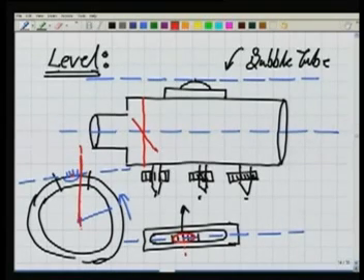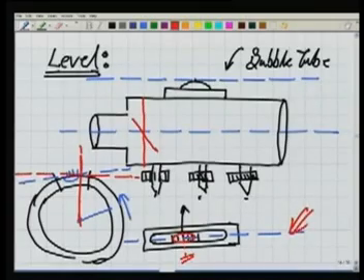If this point is pointing upward, this blue line here, the axis of the bubble tube, will be a horizontal line. So basically, by bringing the bubble in center, we can make this blue line, the axis of the bubble tube, horizontal. So that we know now.